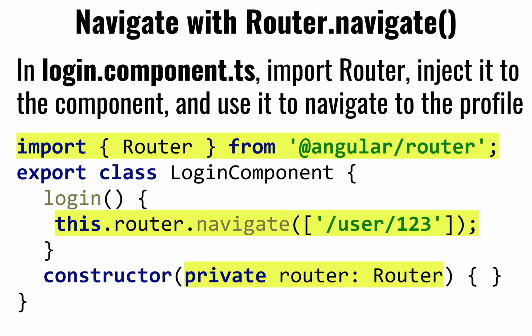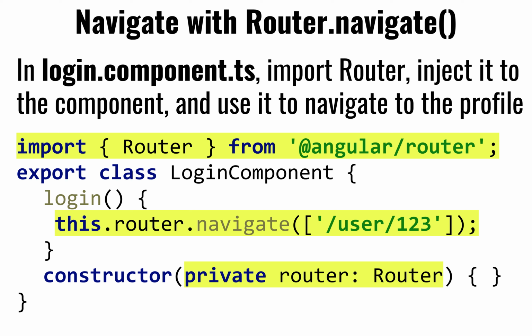So the way we could do that is in the login, we can use the router service. It's a service. We'll see what a service is in a minute. A service is basically an instance that is maintained by the framework, and then we can just ask it by inversion of control to be injected into our scope.